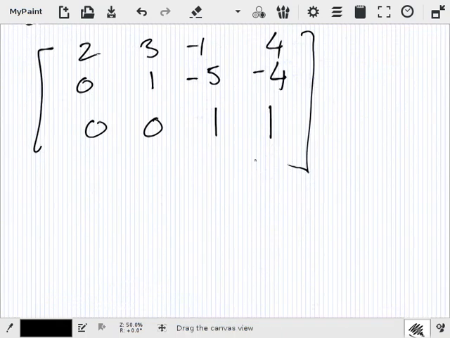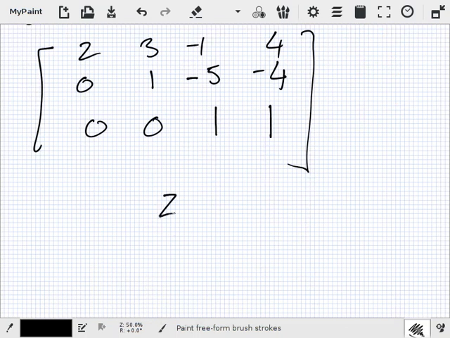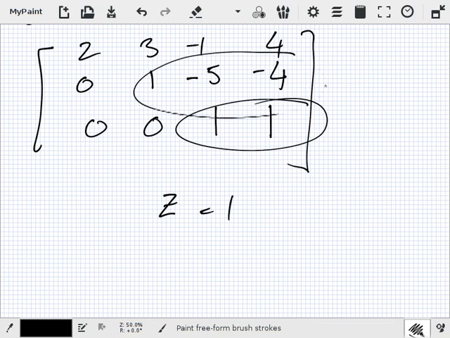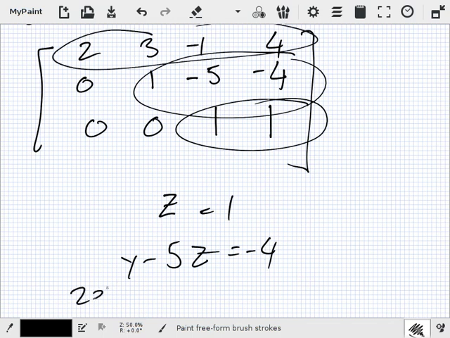So z is 1. If I look at this one, I have z equals 1. And then if I look at this one, I have y minus 5z equals minus 4. And then if I look at this one, I get 2x plus 3y minus z equals 4.